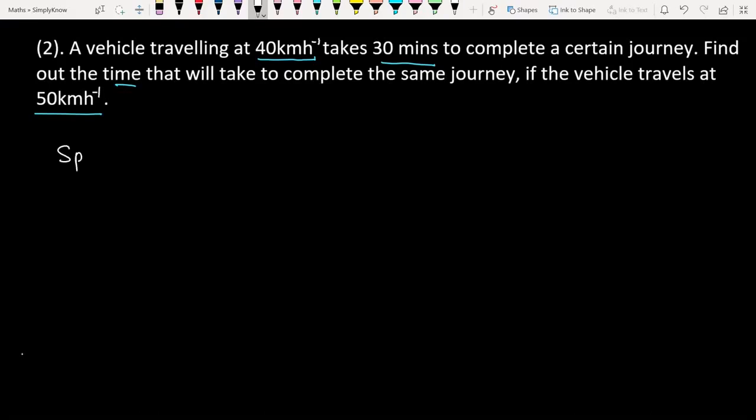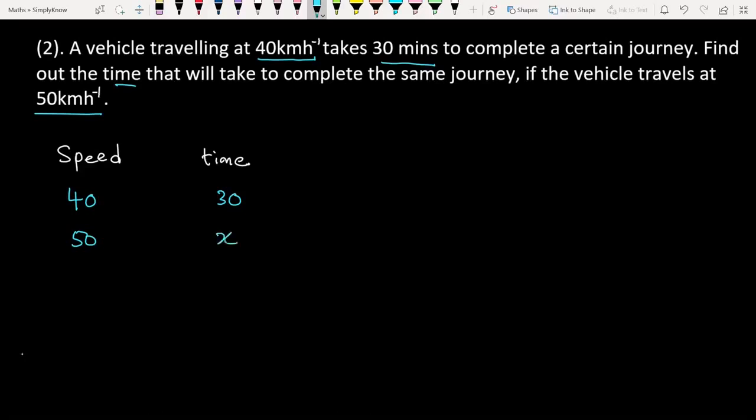Let's write speed and then time taken. When the speed is 40 kilometers per hour, the time is 30 minutes. Now, if the vehicle travels at 50 kilometers per hour, we need to find out the time taken to complete the same journey.